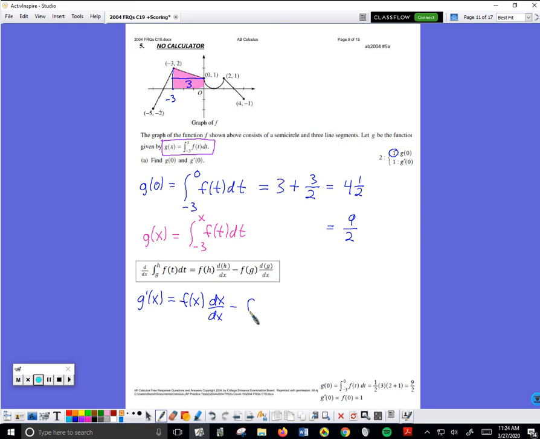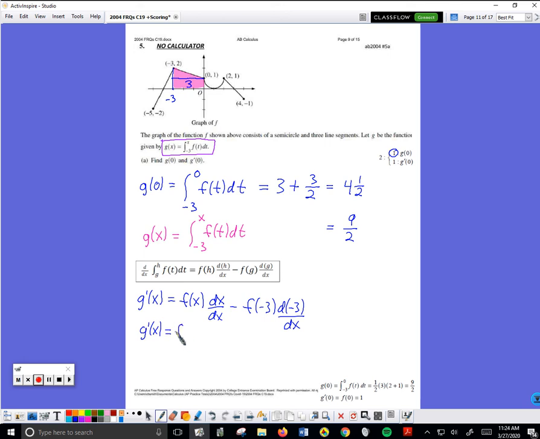That would be f of negative 3 times d of negative 3 over dx. This is 0, so this is 0. This is 1. So I figured out that G prime of x is just f of x.